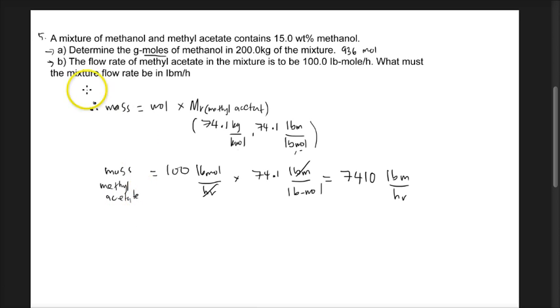alone. So the question wants us what's the mixture flow rate. So the total mixture flow rate, so 7,410 pound per hour is only for methyl acetate, so we have to add up the 15% weight of acetate.